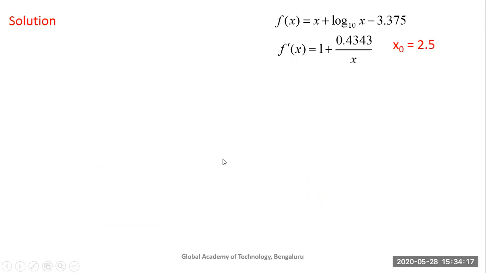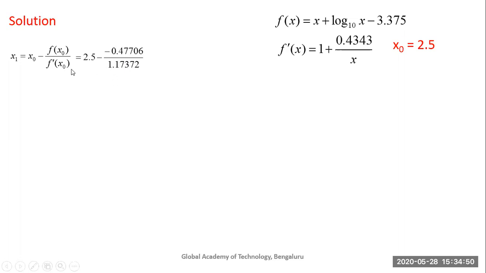For that we need f(x), which is x plus log x to the base 10 minus 3.375, and f dash x is 1 plus 0.4343 by x. Now x1 is x0 minus f of x0 by f dash x0. x0 is 2.5. f of 2.5 is 2.5 plus log 2.5 minus 3.375, which is minus 0.47706.